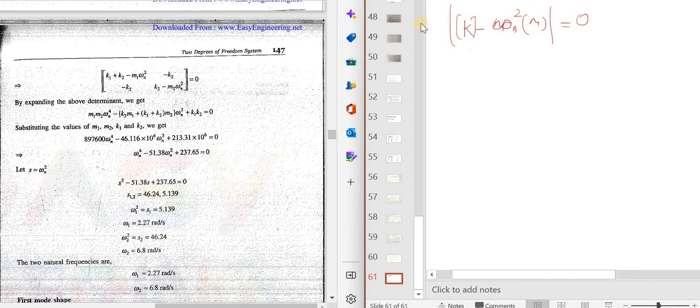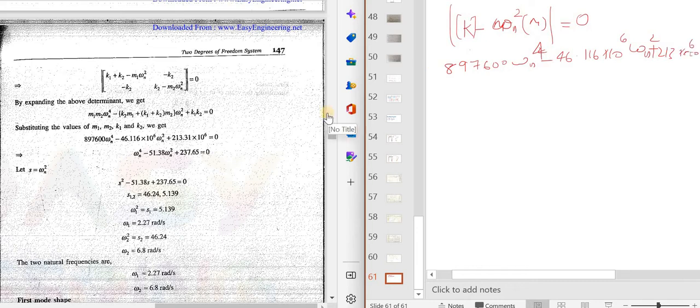After substitution, since we know all the factors, you will get this equation: 897,600 omega n square minus 46.116 into 10 raised to 6 omega n whole square, omega raised to 4, plus 213.3 into 10 raised to 6 is equal to 0.